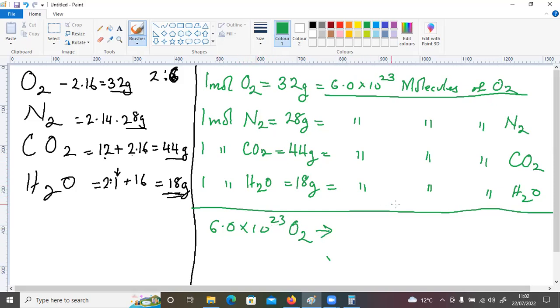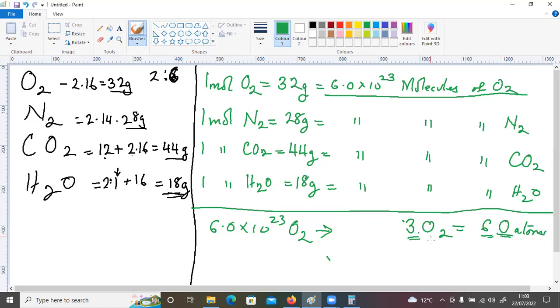If I take three molecules of oxygen, they have 6 oxygen atoms, O atoms.